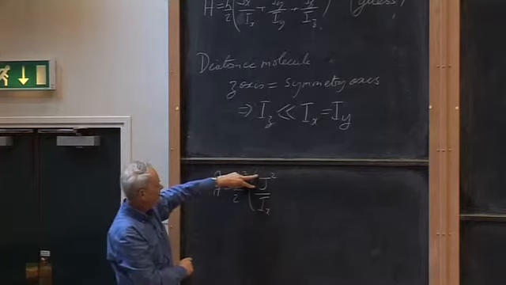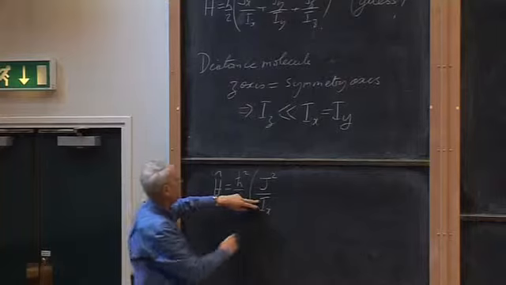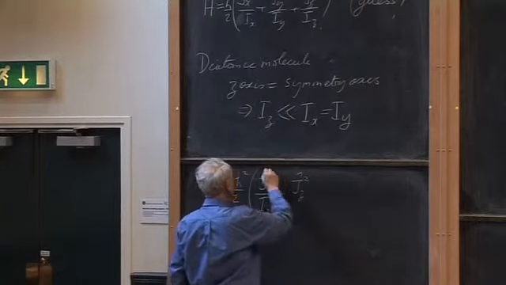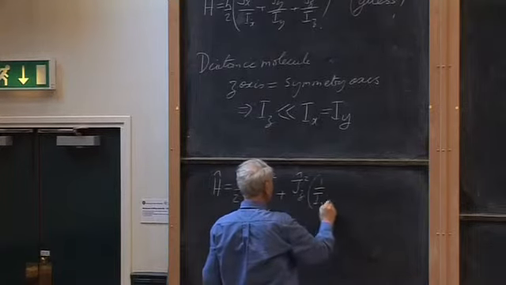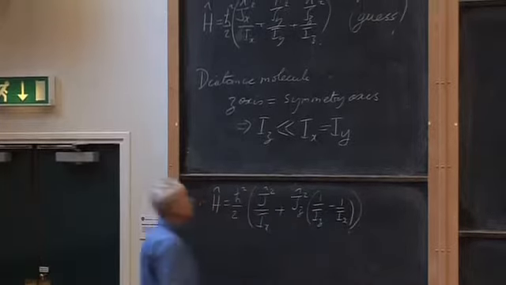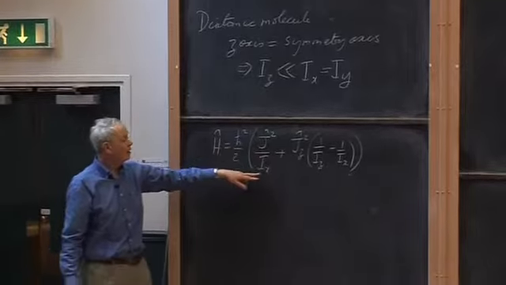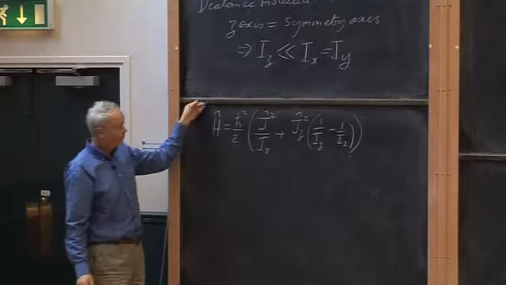I've now in here also got a Jz squared over Ix, which I don't really want. So I simply get rid of this with Jz squared times brackets 1 over Iz minus 1 over Ix. So this is just a repackaging of that expression to group together the terms which have a common factor 1 over Ix.